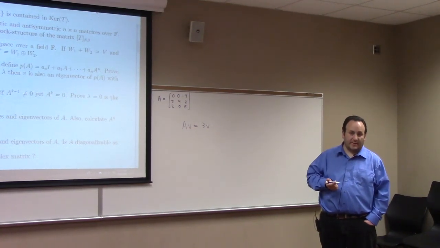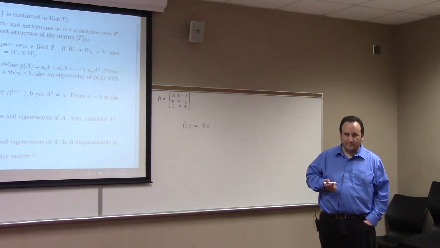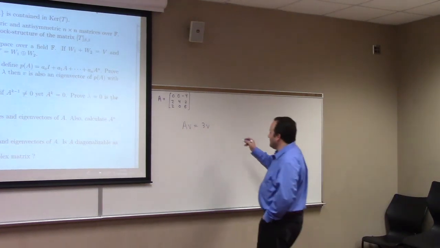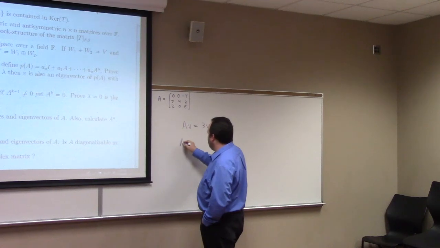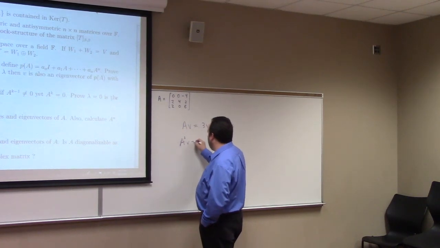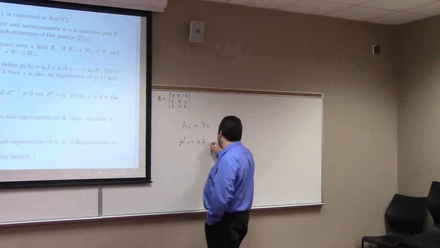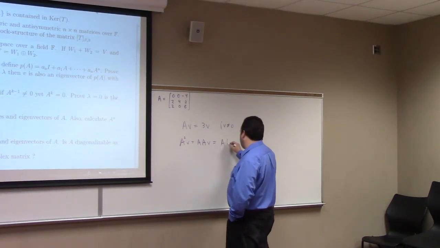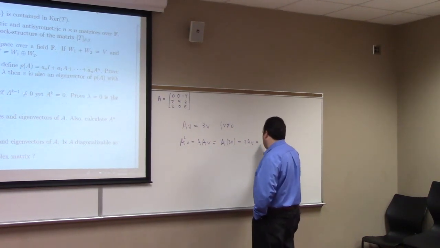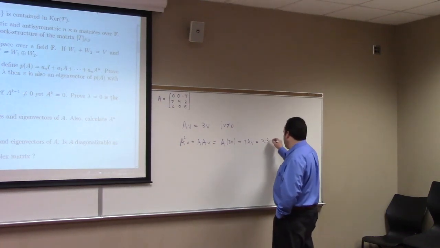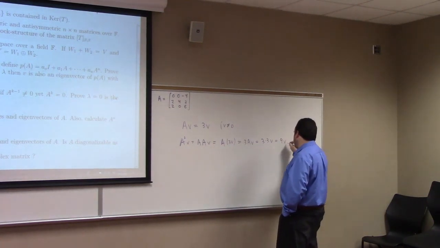I need to know something about V. What do I need? Very good, non-zero, yeah. So if I take A squared times V, well, that's AAV, right? Which is A times 3V. Pull the 3 out, that's 3AV. That's 3 times 3 times V, also known as 9V.